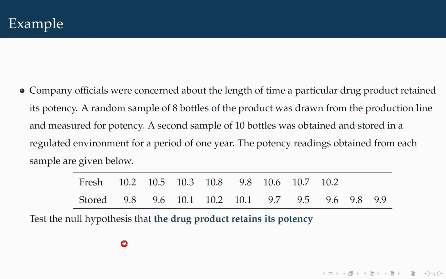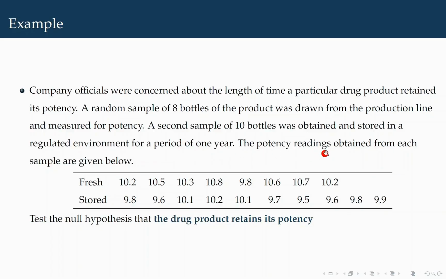Now let's consider an example. Company officials were concerned about the length of time a particular drug product retained its potency. A random sample of 8 bottles of the product was drawn from the production line and measured for potency, and a second sample of 10 bottles was obtained and stored in a regulated environment for a period of 1 year.